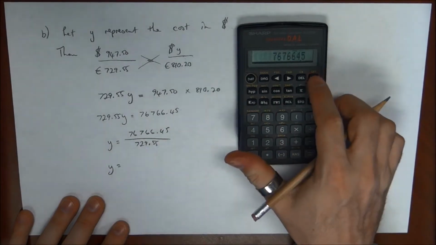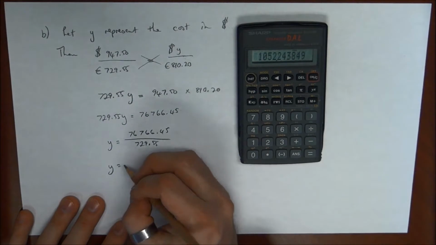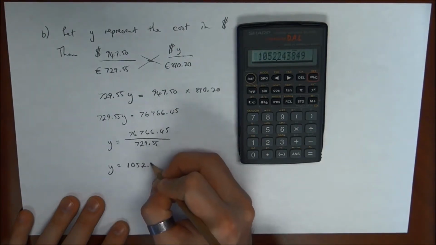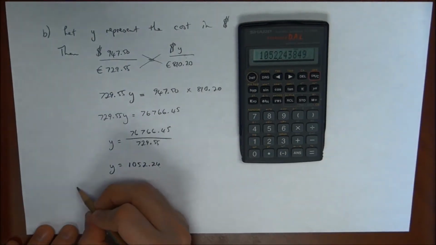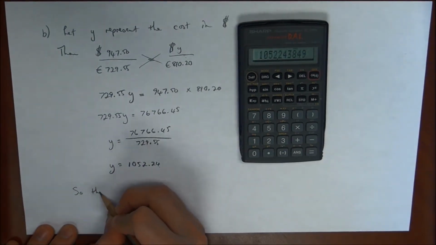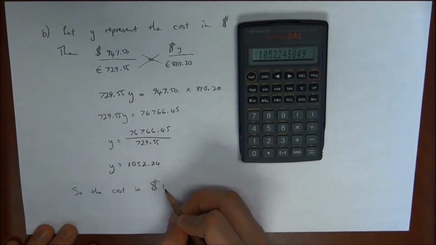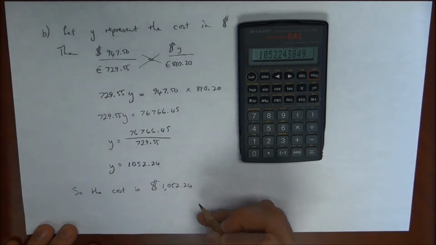Y equals 1052.24. So the cost is $1,052.24.